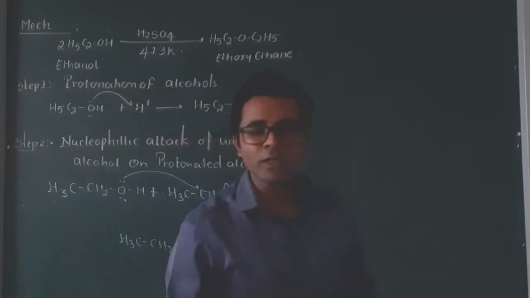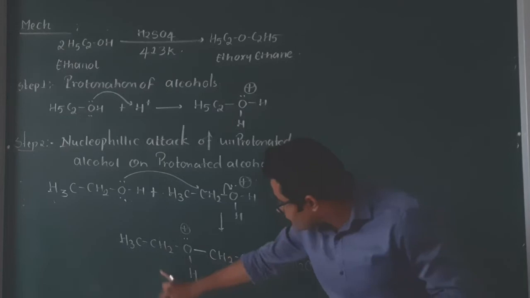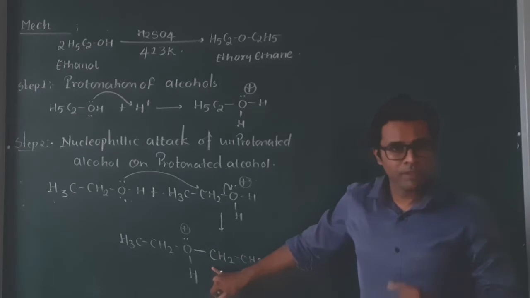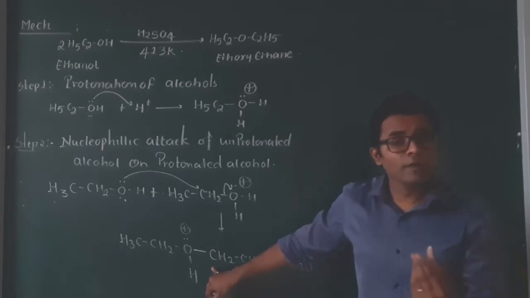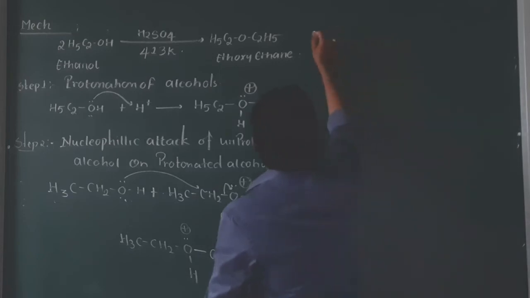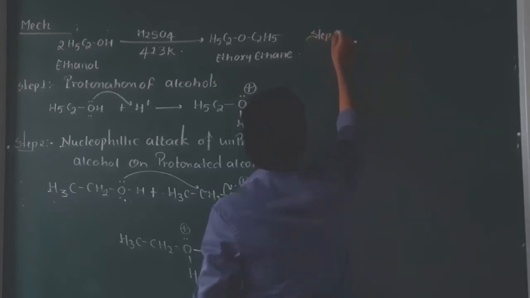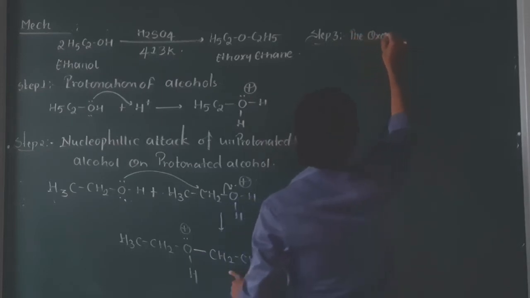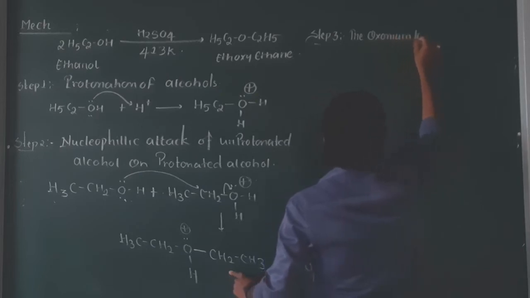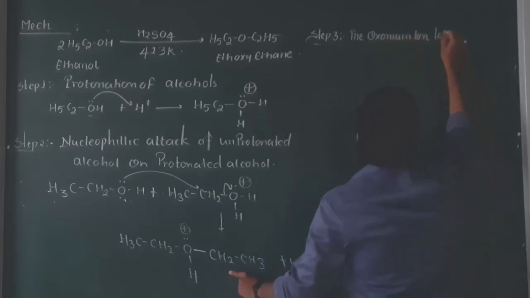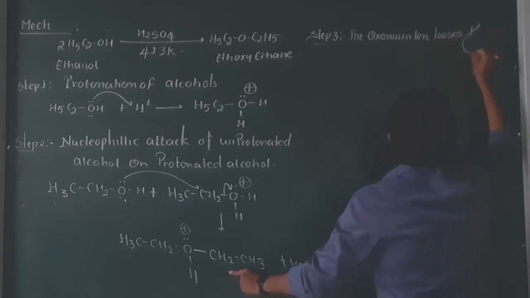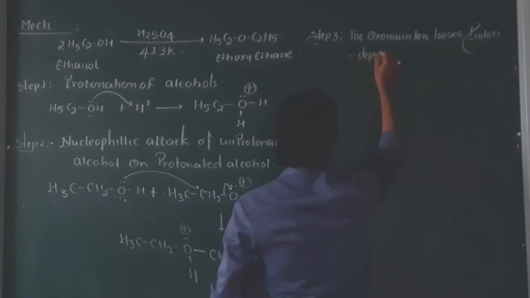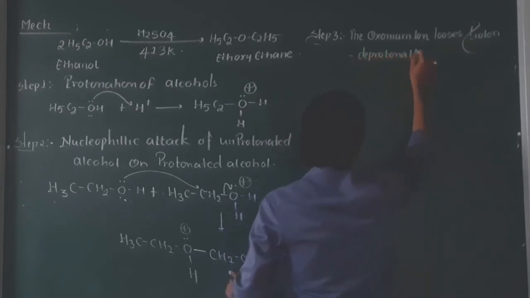In step number 3, the oxonium ion, that is oxygen with a positive charge present here, liberates this particular hydrogen. In short, loss of proton occurs. Thus, step 3: the oxonium ion loses a proton. That is nothing more than deprotonation.